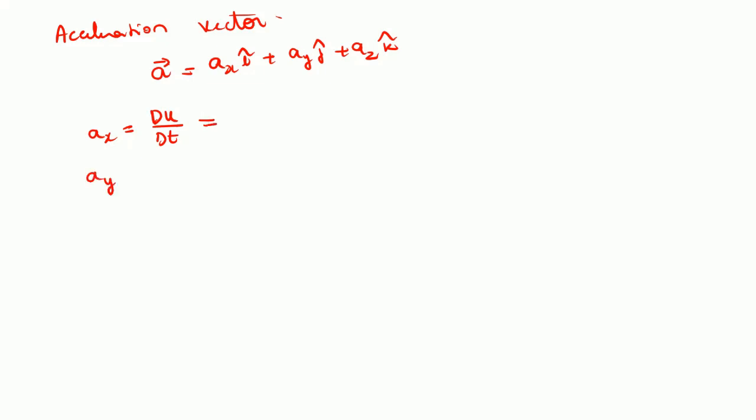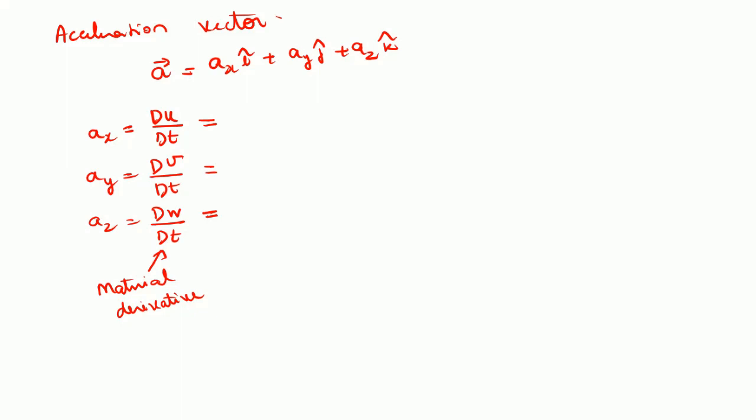So ay is equal to Dv by Dt, and az is equal to Dw by Dt. This particular thing is called the material derivative. Very important. This is also important in heat transfer, mass transfer; a lot of places this material derivative is used.